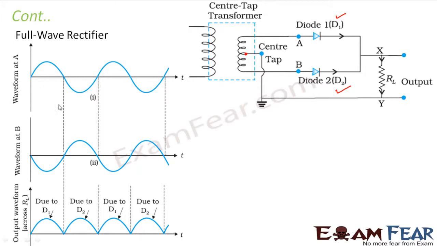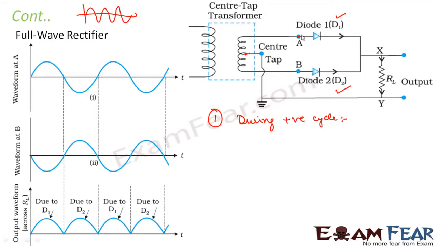So how do we get this waveform at A and B? Let us suppose I have an input signal, again a similar input signal. This is my input. So in this case, what will happen? Let us talk about the positive half cycle. During the positive cycle of the input, the voltage at A will be positive with respect to the center tap, and the voltage at B will be negative, right?